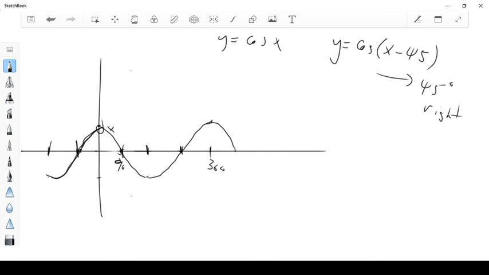So this point will now be here. This point will now be here. This point will now be here. This point will now be about there. Now, critical, this point will now be here.